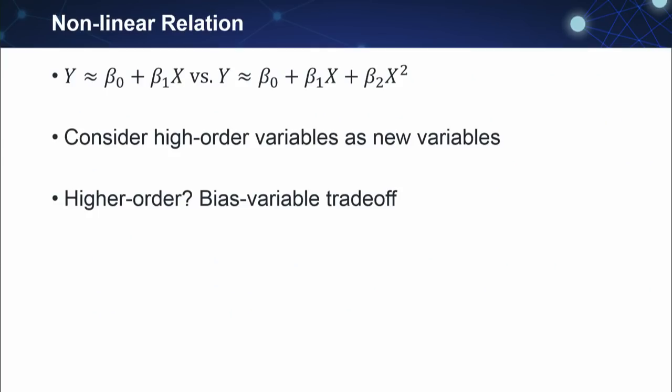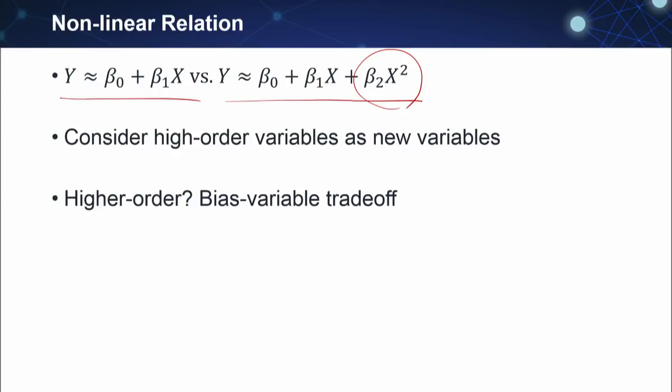Okay, then let's move to non-linearity in linear regression. Non-linearity can be considered by introducing high-order terms. Instead of using beta 0 plus beta 1 x, we can use beta 0 plus beta 1 x plus beta 2 x square, and higher order terms.